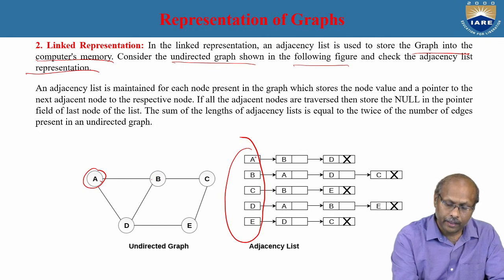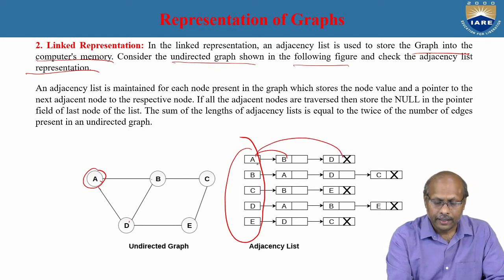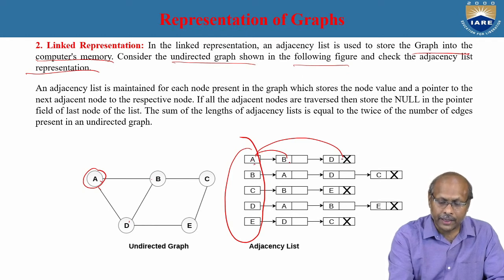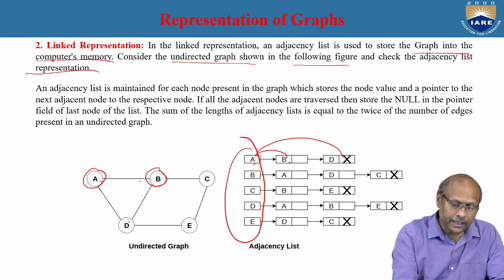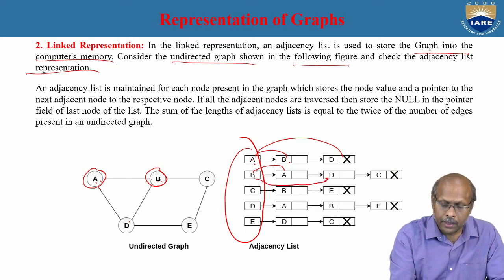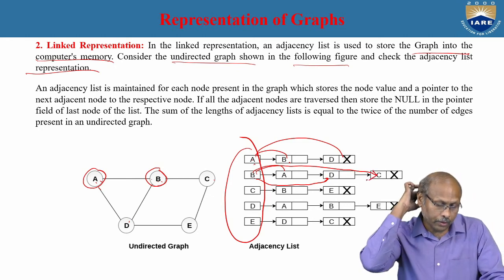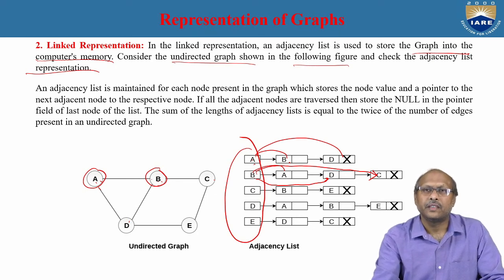A to B there is a connection, as well as A to D. So A is connected with B as well as with D. Similarly, B is connected with A, with C, and also with D. This indicates that B has three links. So this is the linked representation.